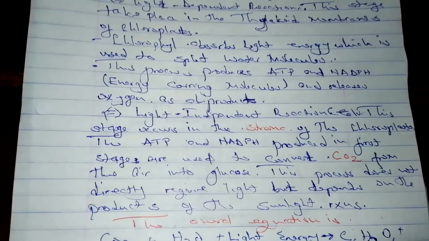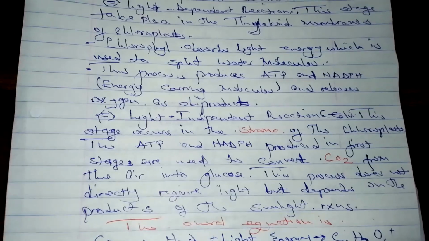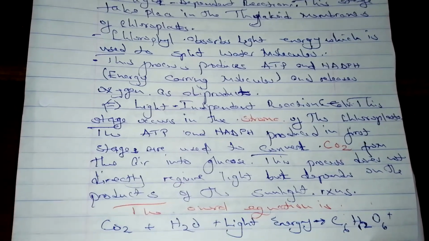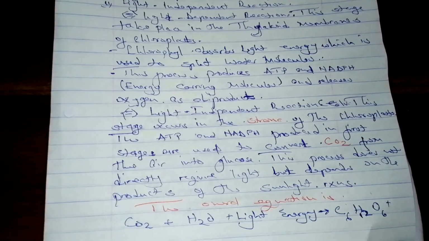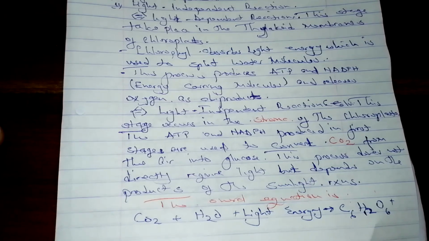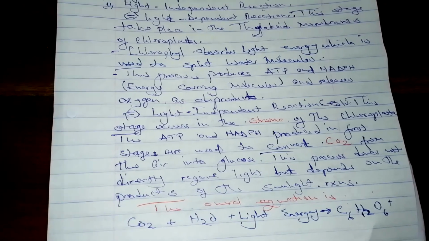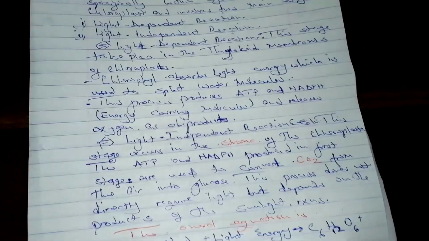The process does not directly require light, but depends on the products of the light reactions. The overall equation is carbon dioxide combines with water plus light energy to form glucose and oxygen.